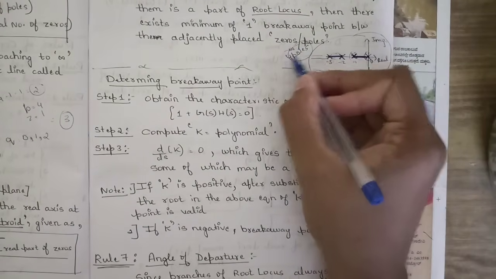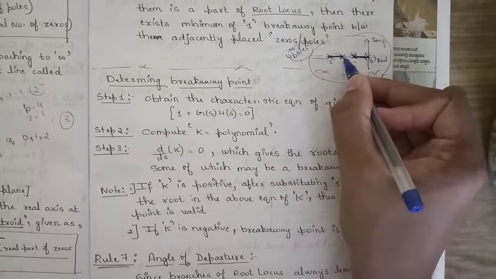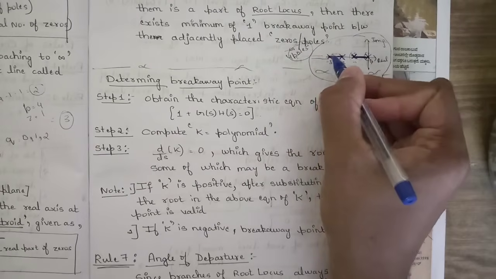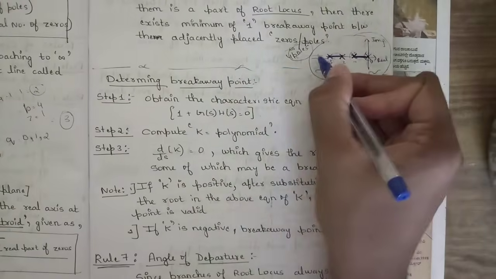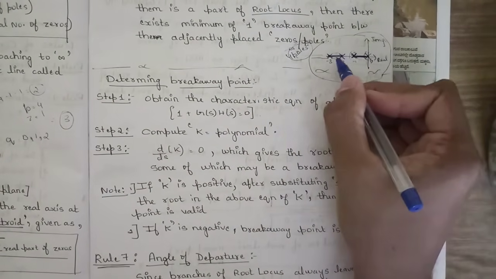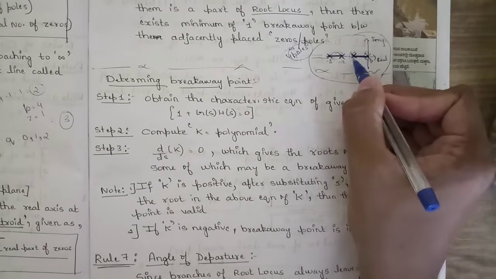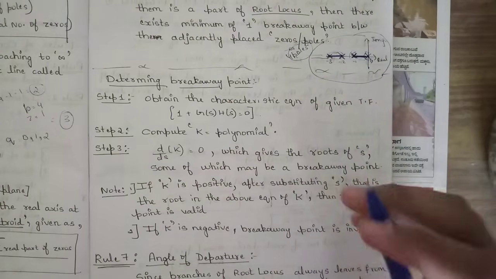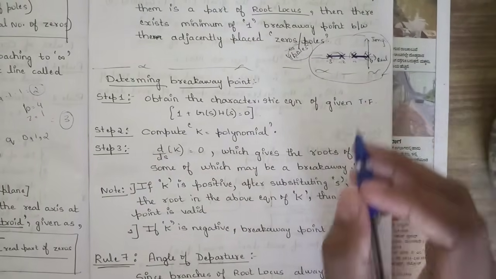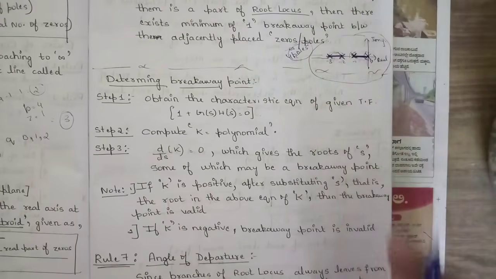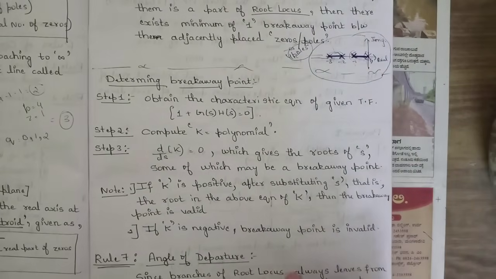From minus infinity, we again have four poles, an even number, so from this pole up to minus infinity is completely not a part of the root locus. Whichever region is a part of the root locus, only from that region do we get a valid breakaway point. Also, the branches of the root locus are obtained in these regions only. I hope you understood this concept very well.